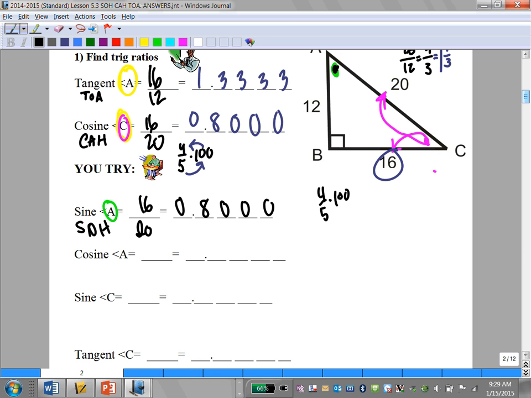All right, guys. So work the next 3. I'll show you the answers, but try to do this on your own. And to the best of your ability, try not to touch a calculator. If you absolutely need to, that's fine.